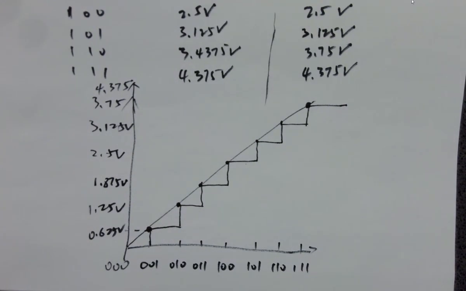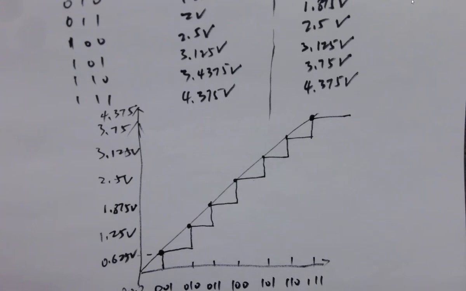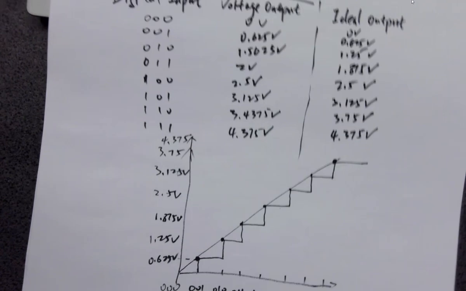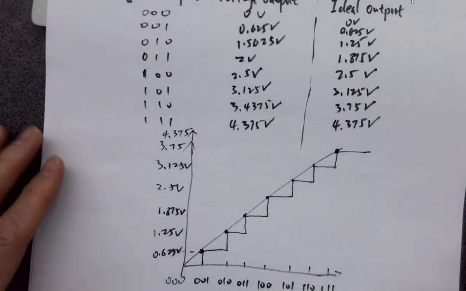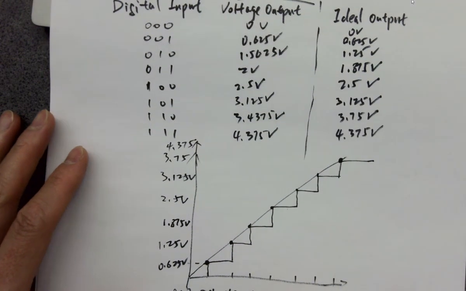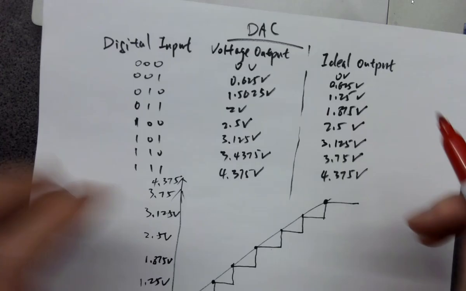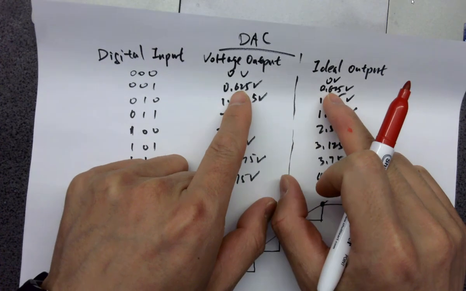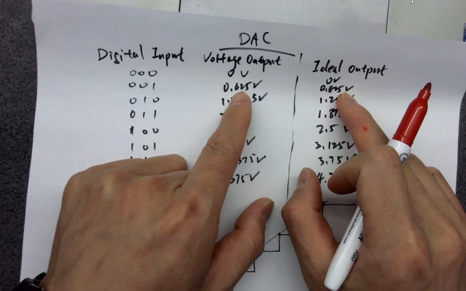The converter has a finite resolution, so eventually you'll see steps. However, there will be nonlinearities, which are these values. The first one is okay. You can see 0.625, 0.625, it is fine.